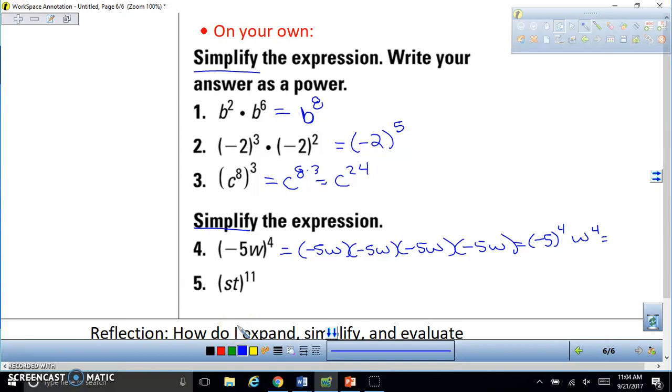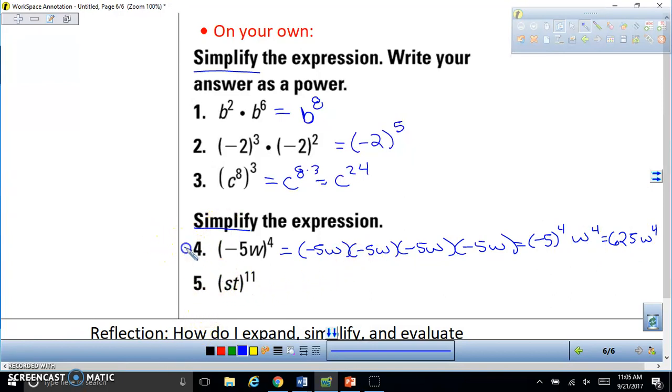So negative 5 times itself 4 times, and w times itself 4 times. Ooh, I think it should be a really big number. It is 625. So 625 w to the 4th is the end of that one.